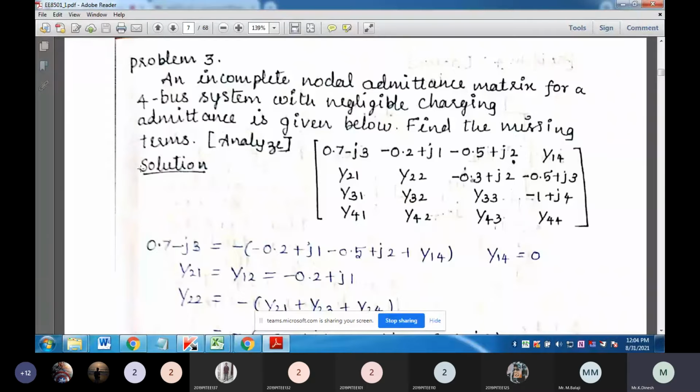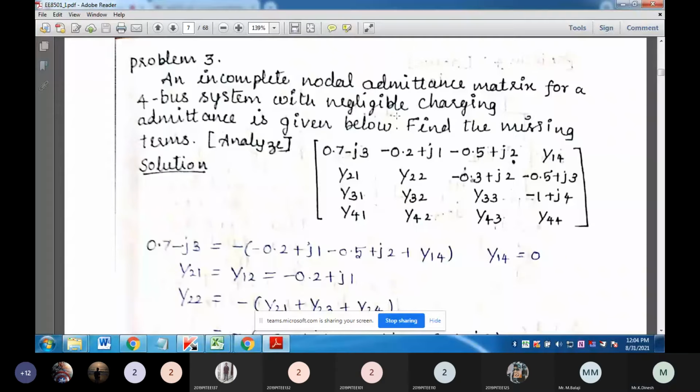So this question comes under the category of analyzing type. We are going to analyze the missing terms. I hope the question is clear to everyone. The question itself clearly mentions an incomplete nodal admittance matrix and a negligible charging admittance, that is, the line charging admittance is negligible. So we have to find out the missing terms.